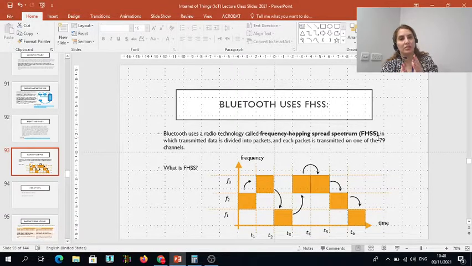FHSS is the technology that is providing that breaking apart or spreading of the spectrum. That's the reason why it is called frequency hopping spread spectrum. The way that the hopping process is done, we are dividing the time slot. It means that we are looking at what I'm sending at a time, what I'm sending from my 0 second until 1 second, and what I'm sending from 1 second to 2 seconds.